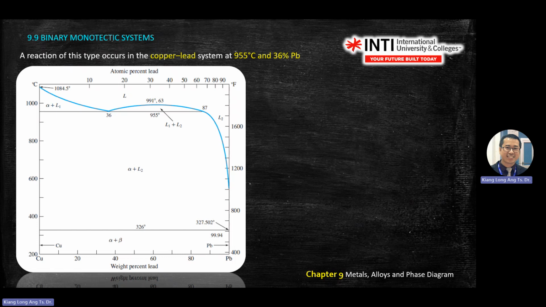Liquid crossing to this, because you crossed to here, is wrong already. L crosses to liquid 1 plus liquid 2, you have two liquids, not monotectic. Here, liquid crosses to alpha plus liquid 1, so it also does not meet the definition.